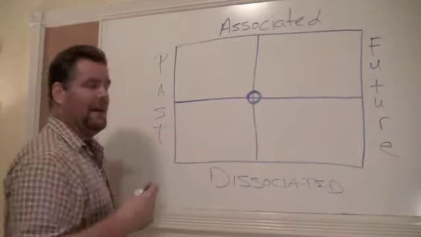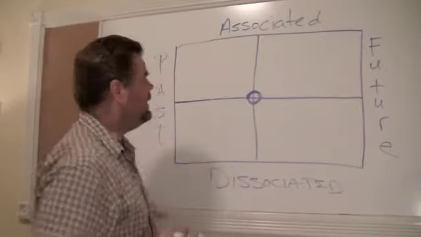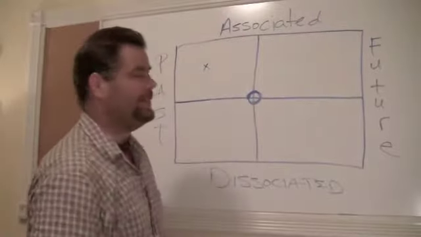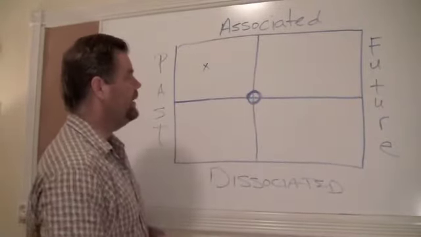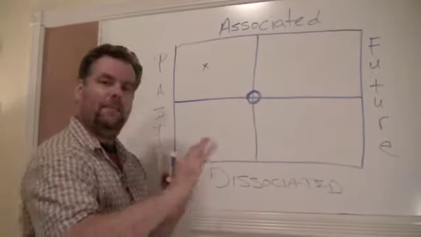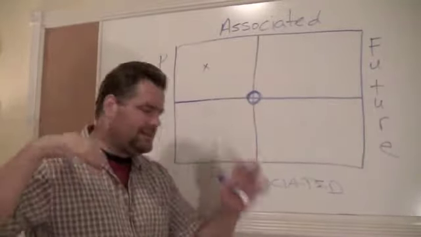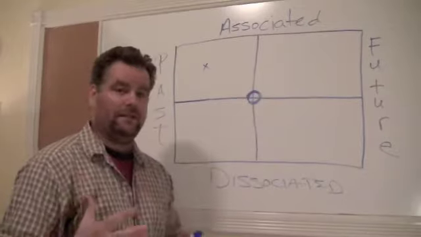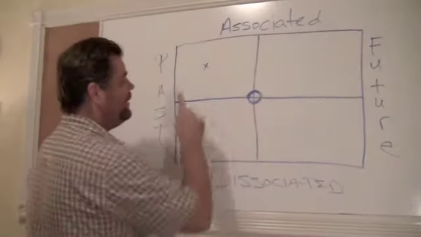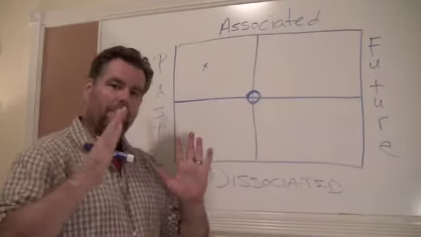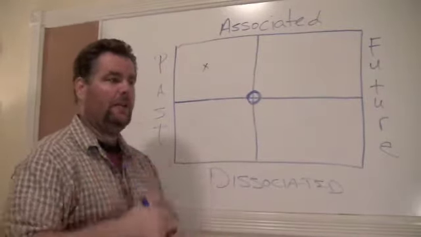So here I am. I'm associated. I'm feeling like a schmuck, and I'm in the past. Okay, I've got this thing I did, feeling kind of dumb. Well, as soon as I locate it, I take it out of my head, where I'm lost in this stuff and not even realizing what's going on, and I put it on the map, something interesting happens, and you should print out the PDF and follow along with me.